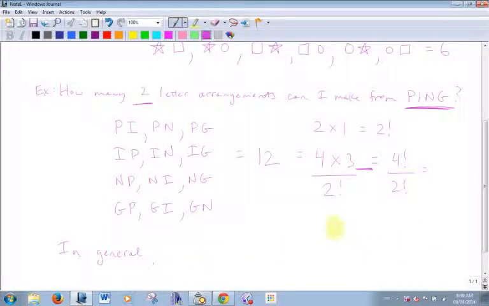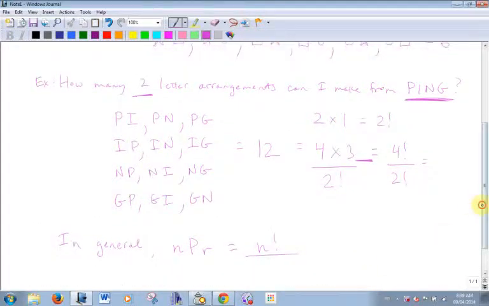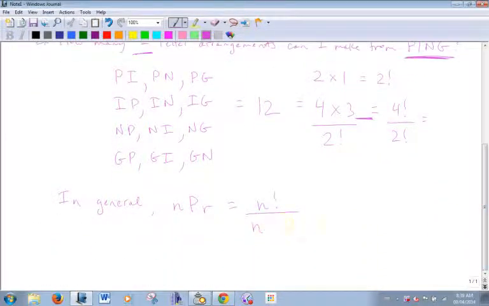It's actually a little more complicated than that. This is what we've been doing. That's what that says. If I have n objects and I want to arrange r of them, don't ask me why they chose n and r, but that's what they all do. Okay, this is n factorial over n minus r factorial.